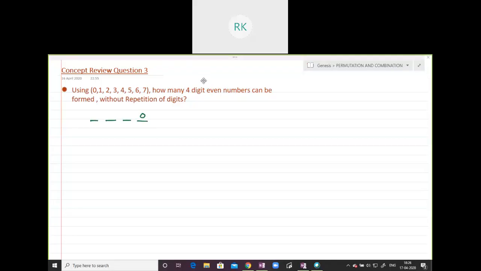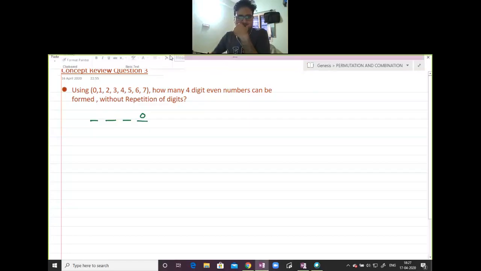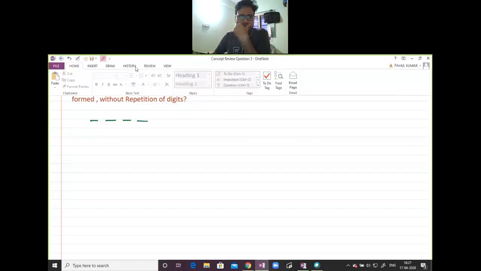Let me try first what mistake we are doing. Okay, 1 minute. Let me take this eraser. The mistake we're making. So I'll tell you what is the mistake we are doing.